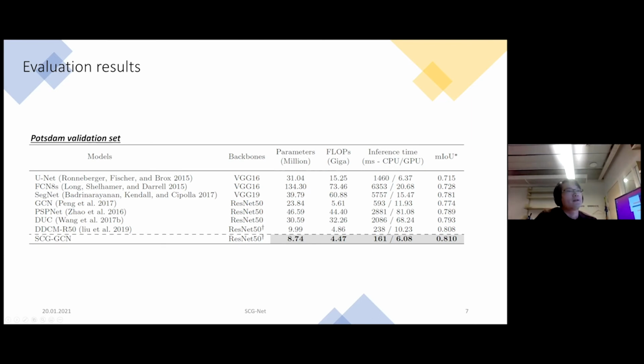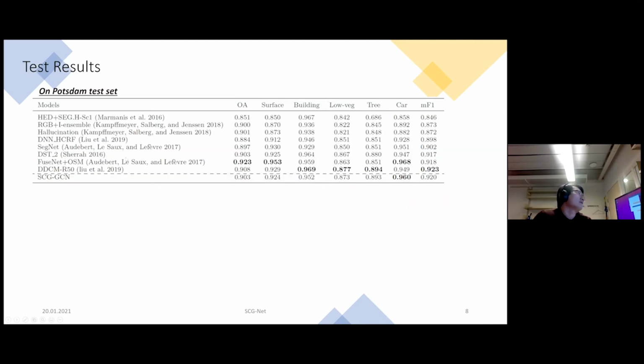And we found that our model is quite efficient, both on inference time and with the training and final performance. So it's very impressive. And finally, we evaluated our models on the holdout test set. First, this table shows the Potsdam results. And also we compared with all other published models based on the same test set.